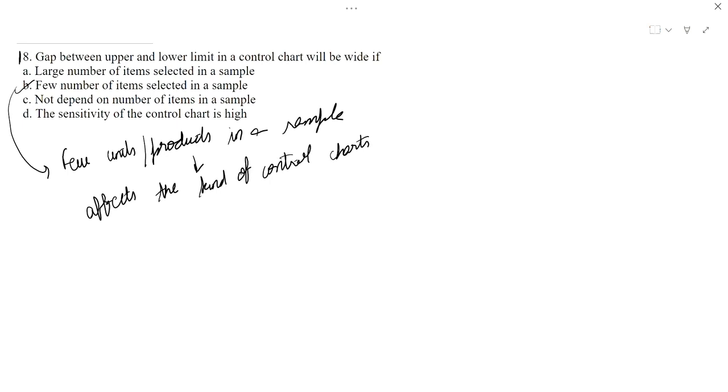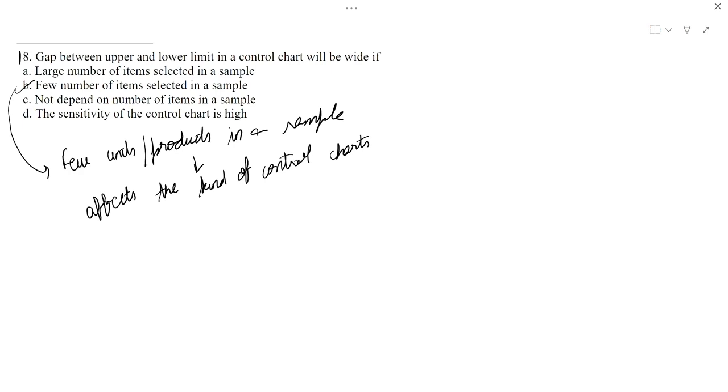So there has to be a suitable number of units selected in a sample. Suppose we take 4. Instead of 4, if we select 10 or 12 units in a sample, then the control charts will be very tight and very sensitive, and the upper and lower control limits will be very close to the mean value.